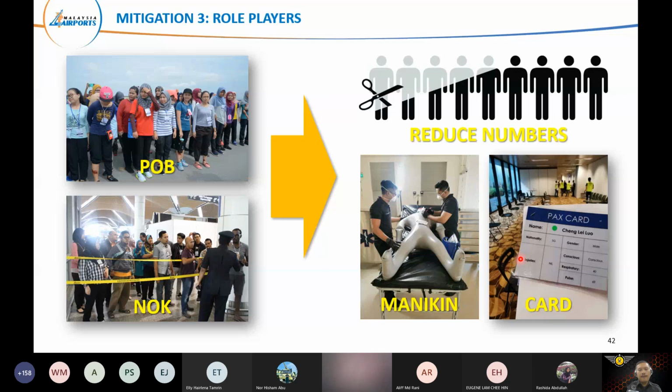When health or medical personnel receive the card, they will decide, according to the injuries, whether this passenger is yellow, green, or maybe red. So they will use the sticker to indicate the priority or type of injury for this role player.